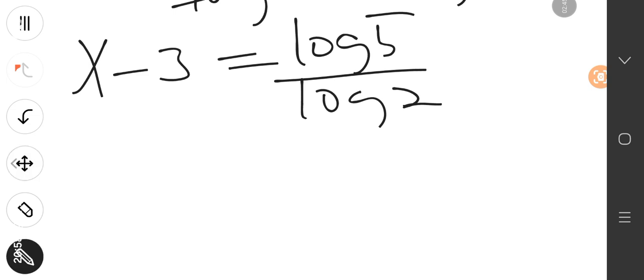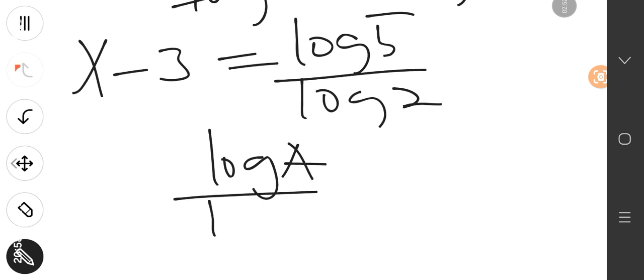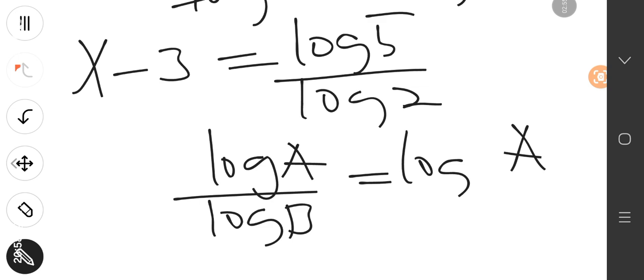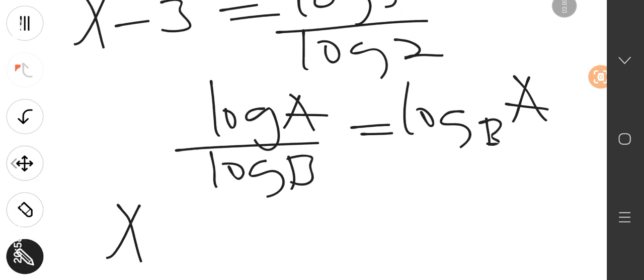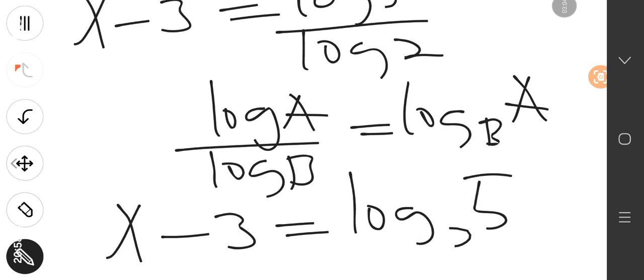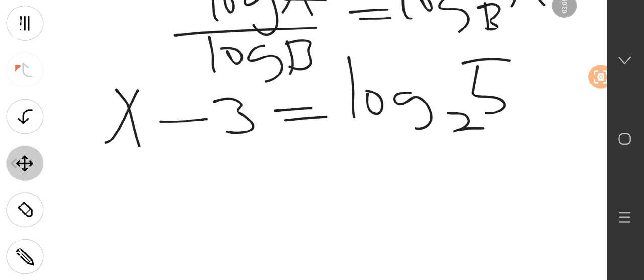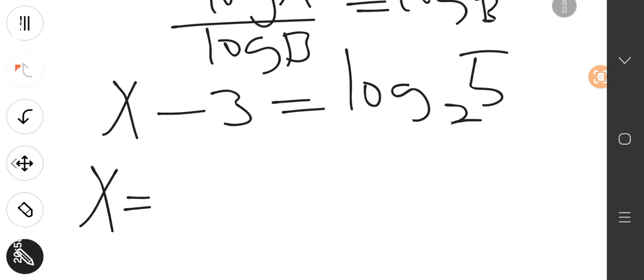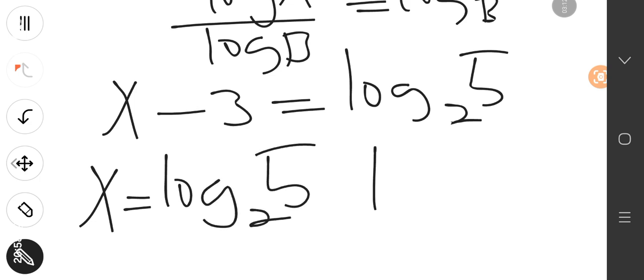Now let's apply the change of base formula: log a over log b gives us log a base b. So x - 3 = log 5 base 2. Okay, so we have x = log 5 base 2 + 3.